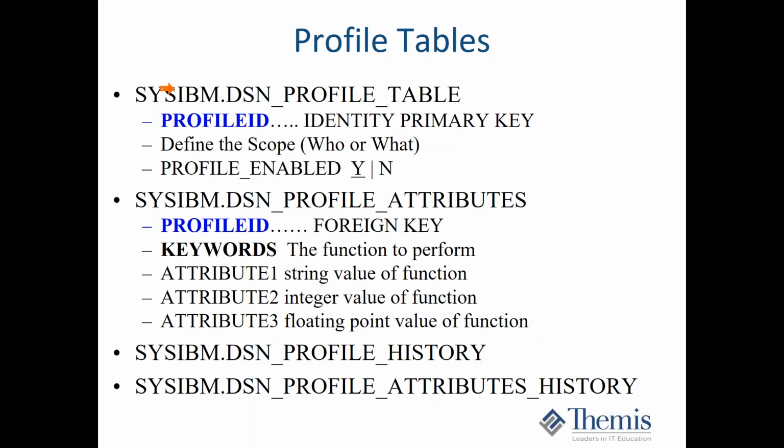Now, the function you want to perform is in the keyword column in that attribute table. And then if the attribute or the function you want to perform is a string, you put the value in the attribute 1 column. If it is an integer override, then you'll put it in attribute 2. If it's a floating point, you put it in attribute 3.